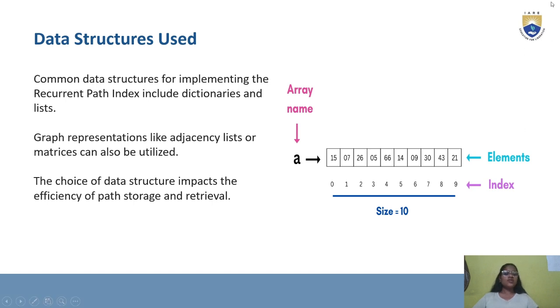Now, here we have an example that A is the array name and the elements are, for example, 15, 26, 5, 66, 7, etc. And the index starts from 0 basically, and it extends up to 9. So the overall size sums up to 10 including the 0.